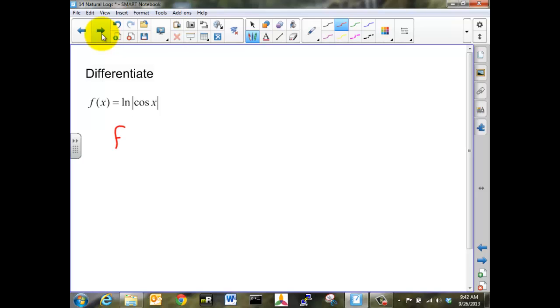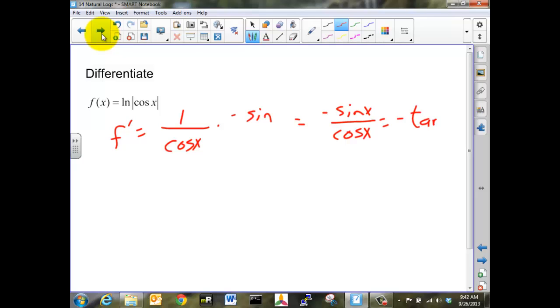Okay, so f prime is 1 over cosine times negative sine, which is... that's where we're going with it.